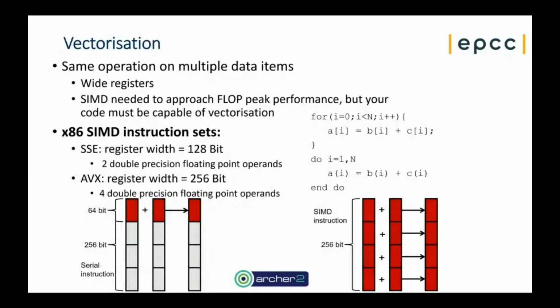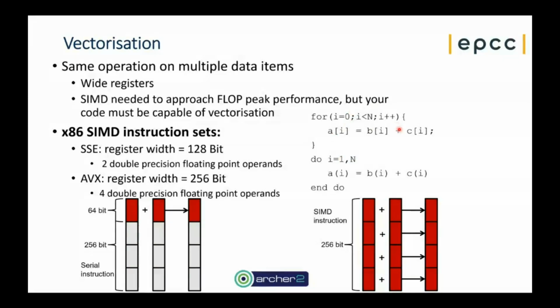So what does this look like in practice? If we have a look at these bits of code on this side, we have a loop in C or a loop in Fortran. That loop goes around a number of times, specified by this n here, say 1,000 times.